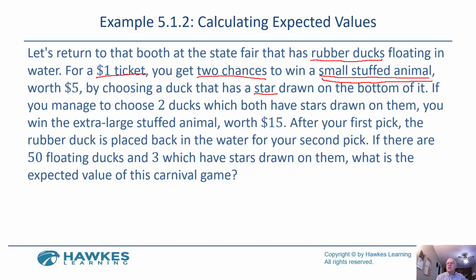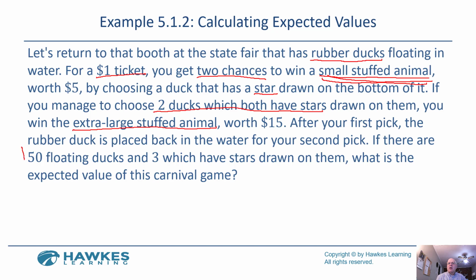You have 2 chances. You pick one duck, they put it back in, and then you pick the other duck. If you get one with a star, you get a small stuffed animal. If you get 2 ducks with stars, then you get an extra large stuffed animal. The first one is a $5 one, the second one is a $15 one.